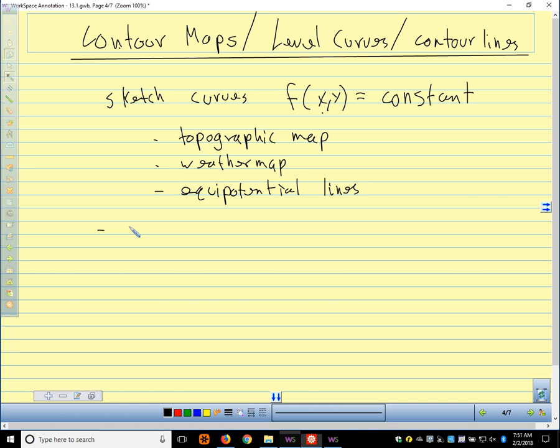If the contour lines are far apart, it means that f is changing slowly.